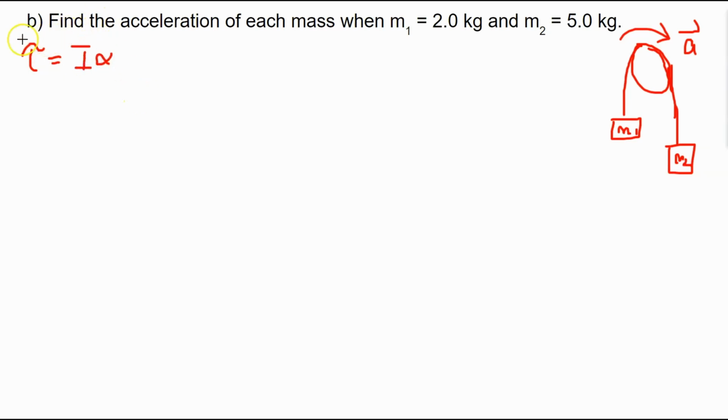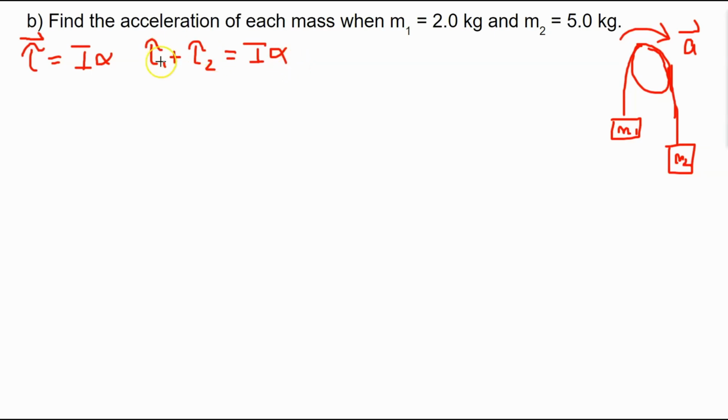But it's not just any torque, it's the net torque, or the sum of the torques. And as we saw before, there were two torques acting on this pulley, both pointing down. So let's call them torque 1 plus torque 2 is equal to I alpha.